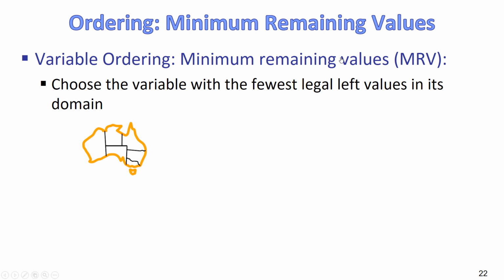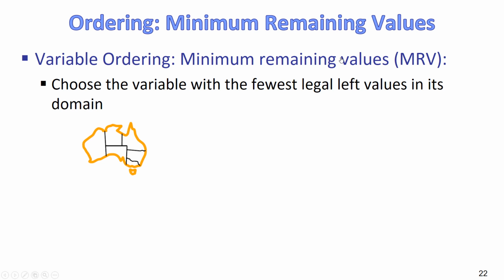The criteria that we will discuss here is called minimum remaining values, which means that we should select the variable that has the fewest number of remaining values. Choose the variable with the fewest legal values left in its domain.